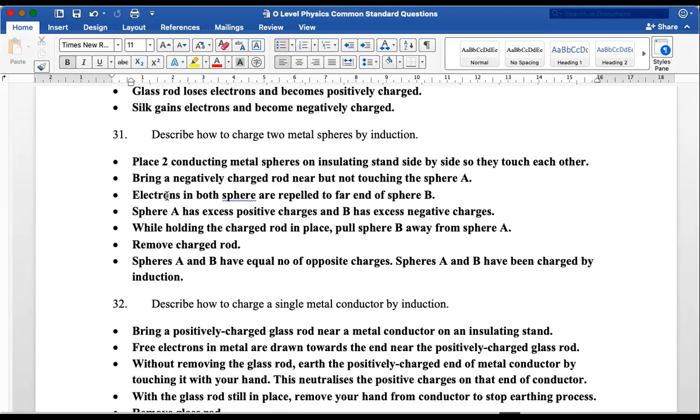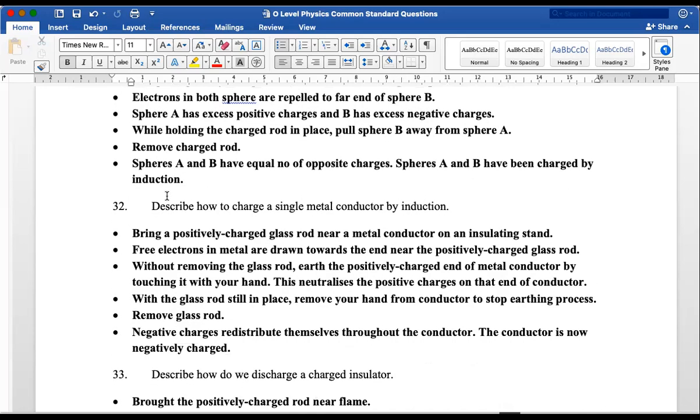While holding the charged rod in place, pull sphere B away from sphere A, remove the charged rod. Sphere A and B have equal number of opposite charges. Sphere A and B have been charged by induction.